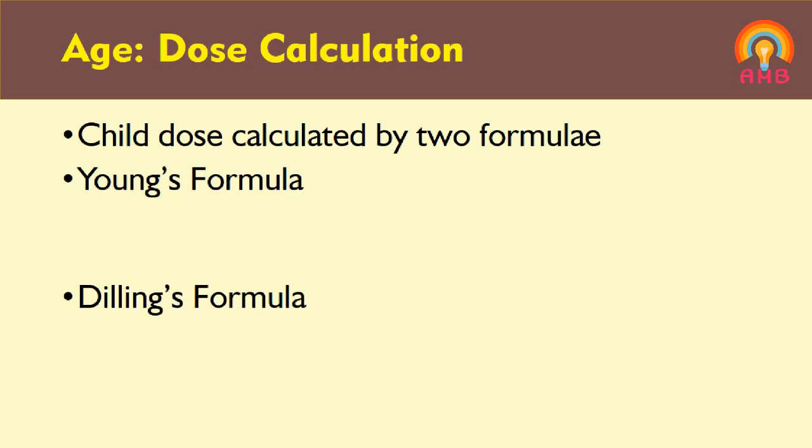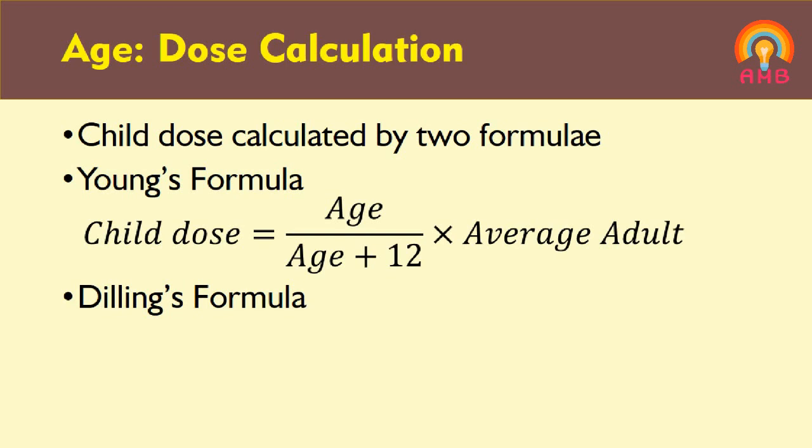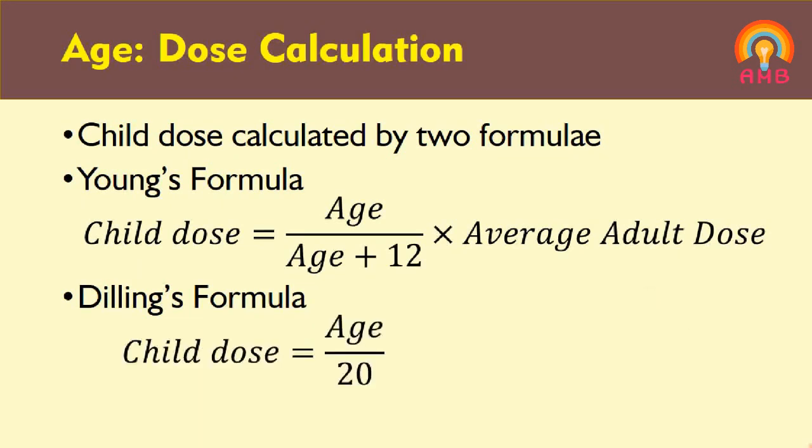First, Young's formula: child dose is equal to age divided by age plus 12, multiplied by the average adult dose. Another formula is Dilling's formula: child dose is equal to age divided by 20, multiplied by the average adult dose.